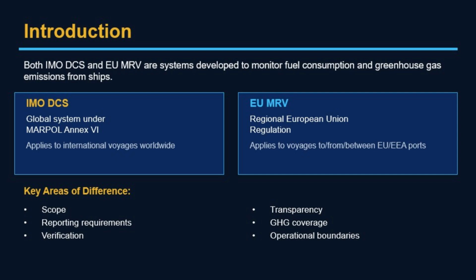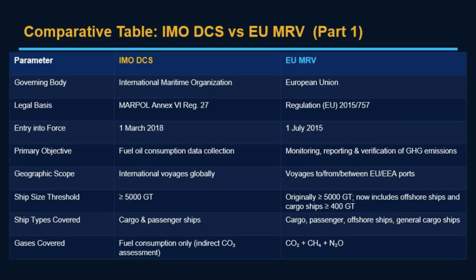The major differences between the two systems are found in scope, reporting requirements, verification, transparency, greenhouse gas coverage, and operational boundaries. These differences are very important for oral examinations. Let us compare the basic characteristics of IMO DCS and EU MRV. First, the governing authority.